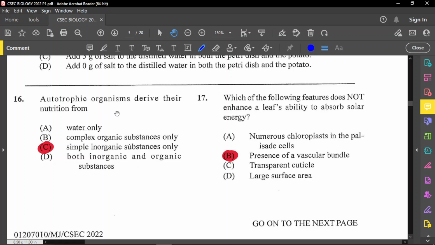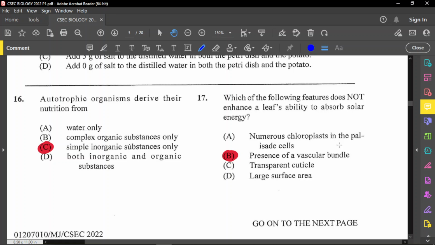We call them chemotrophs. Number 17, it said, which of the following features does not enhance a leaf's ability to absorb solar energy? And so solar energy is technically, if you think about it, light coming from the sun, right? Sun, solar. And so if you have more chloroplasts in the palisade, definitely, because the chloroplast is what contains chlorophyll that absorbs sunlight.